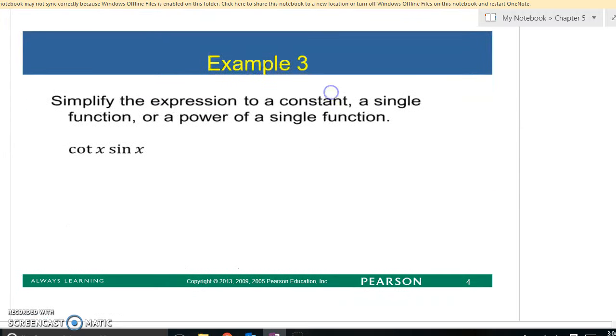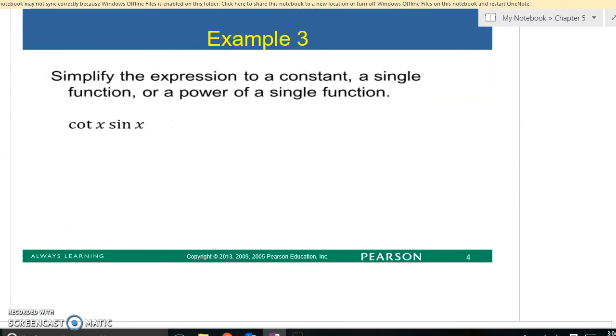All right, third example here. Now your directions change a little bit. It says you simplify it to the point where you have a constant, which would be just like a number like 3, so on and so forth. A single function, which would be like sine x or cosine x or any of the trig functions, or power of a single function, which would be like cosine squared x or any other trig function squared or cubed or the 4th power, anything like that.